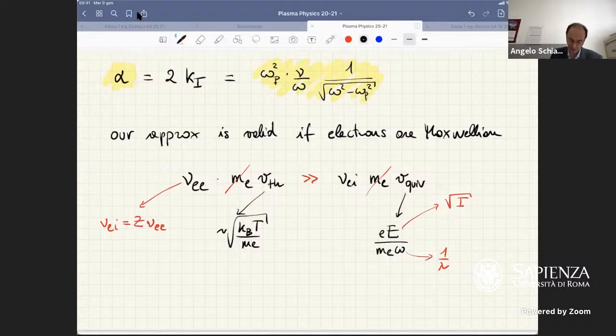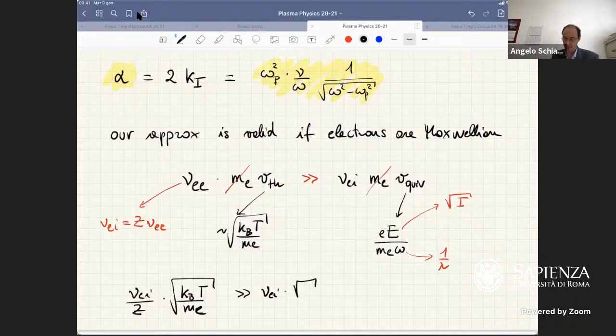So we have mu EI, the collision frequency, divided by Z, times the square root of KBT over ME. And on the other side, we require that we have mu EI times something that goes as the square root of the intensity divided by lambda.